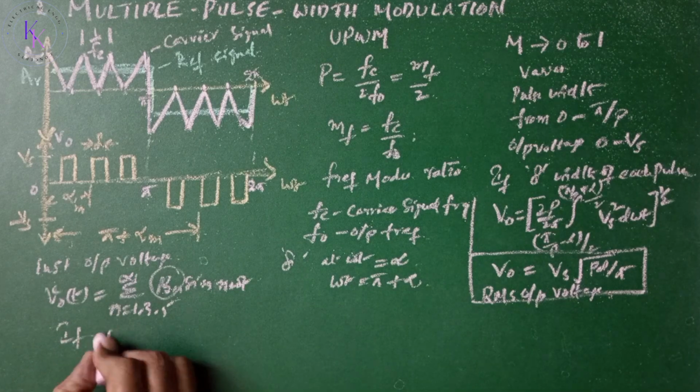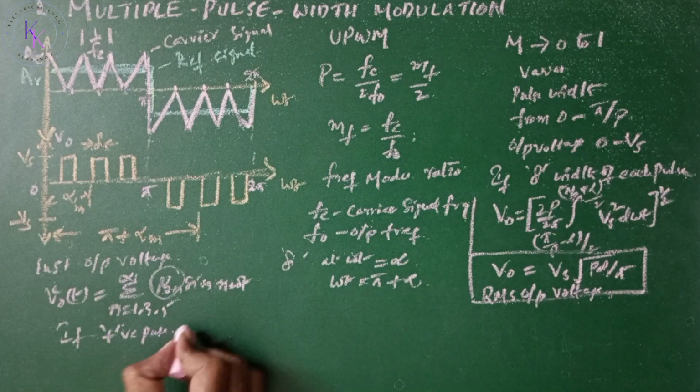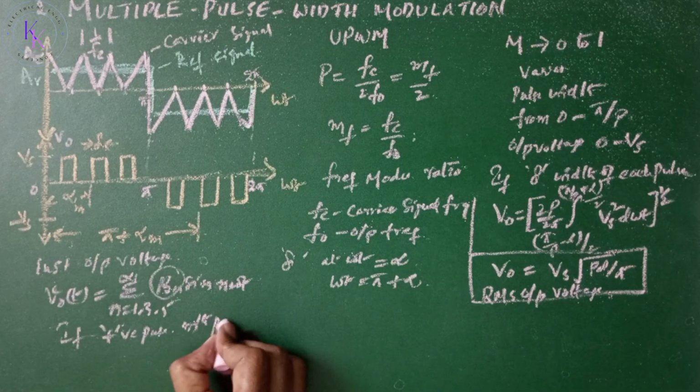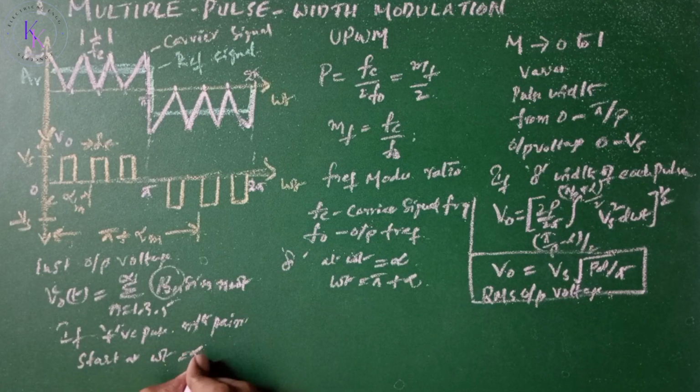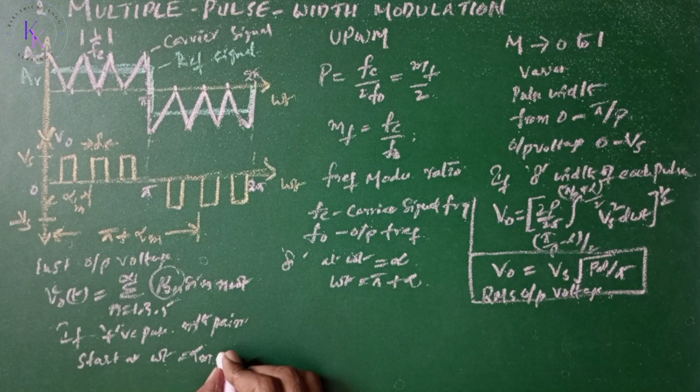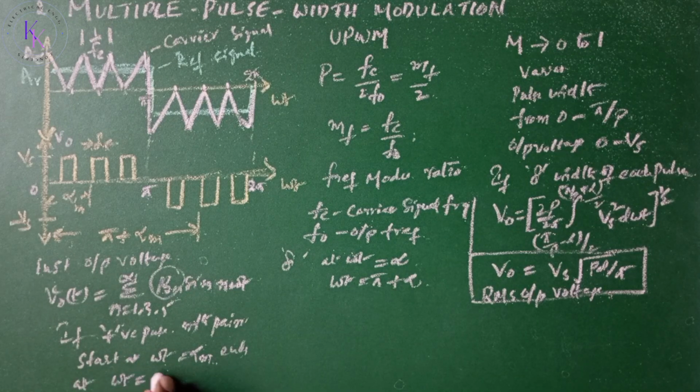If the positive pulse of the mth pair starts at omega t equals alpha m, then the negative pulse starts at omega t equals pi plus alpha m.